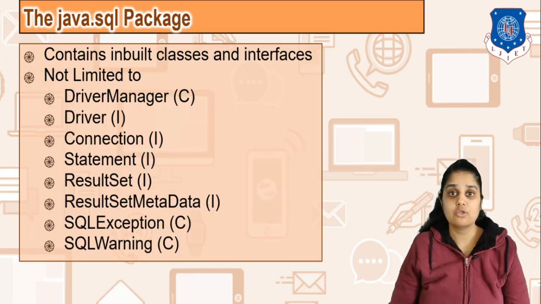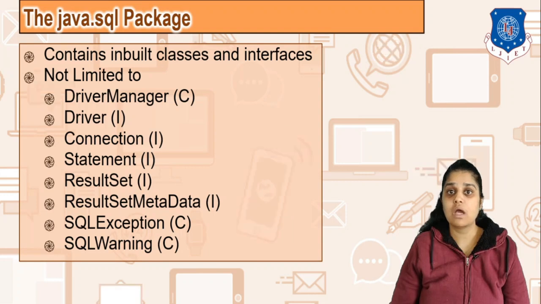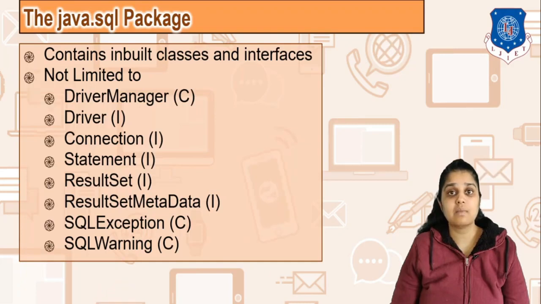Now metadata, you already know, is data about data. So ResultSetMetaData tells you more about the result set that you have retrieved from the database. So if you are selecting from a database, then you are finding out how many columns are selected, how many rows there are, and what is the data type of the data that is being selected. So this is where your ResultSetMetaData interface comes handy.